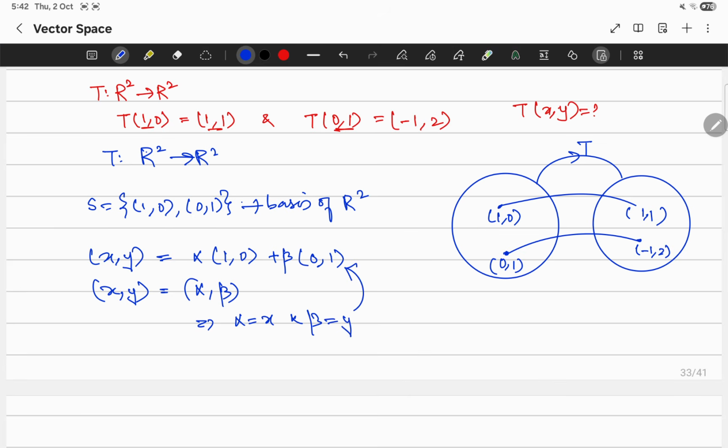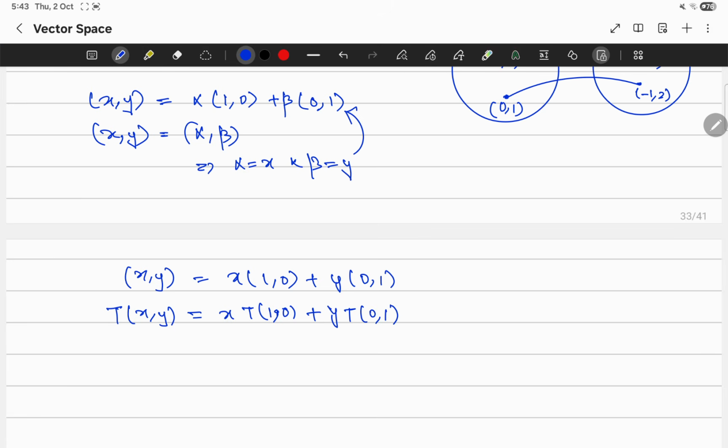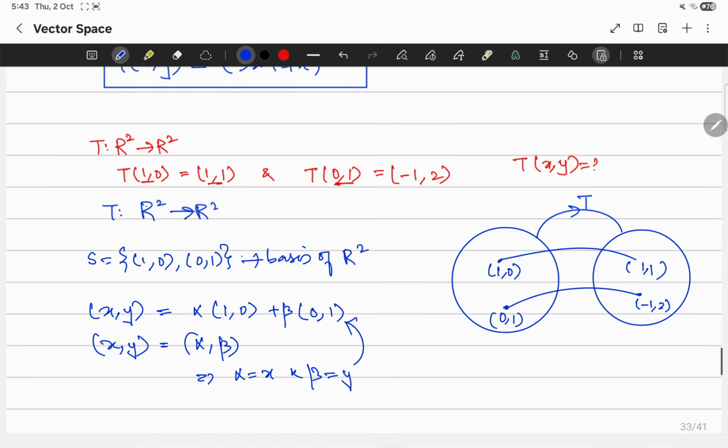Apply it here. So you will get (x,y) is equal to x times (1,0) plus y times (0,1). So now apply the T: T(x,y) is equal to x T(1,0) plus y T(0,1). These are just like the scalars here.